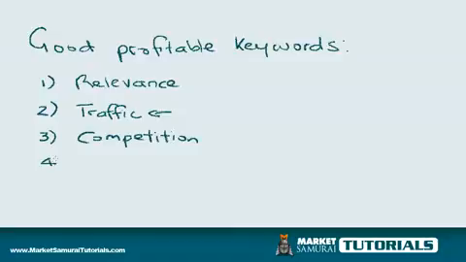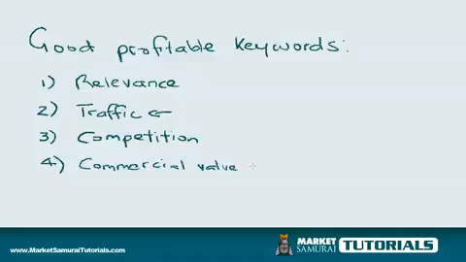Okay, so the fourth point that I just want to mention, that's really important, is the commercial value of each keyword that you're going to be choosing. If there's no commercial value, like it's not worth anything, say for example if we did some Google research and found out that the commercial value of this particular keyword that you're researching is only worth 1 cent to Google, it may mean that Google doesn't have very many people looking at this particular keyword, and you need to find out whether or not it's viable.